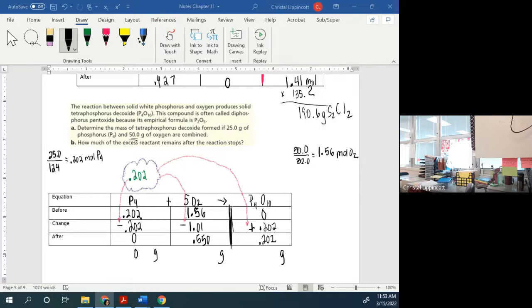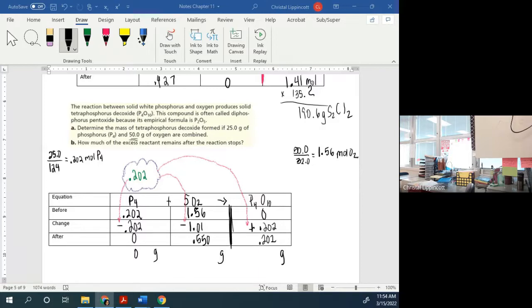You got your masses? So then it's just, you got the mass of this, you got the mass of that, times 4. So I did that. Times 10 equals 60. So then it's 284, for the oxygen.